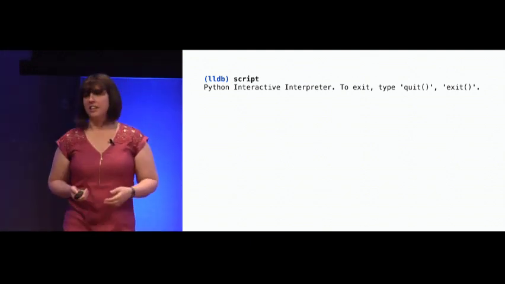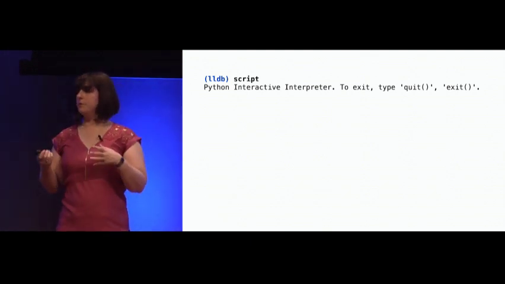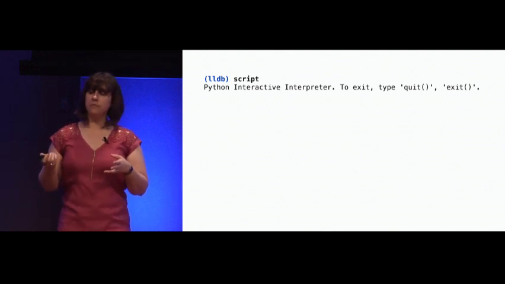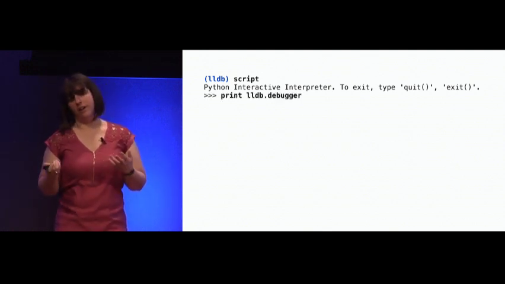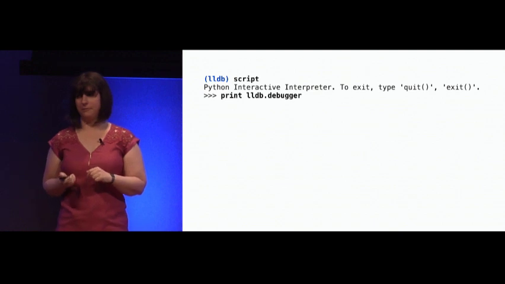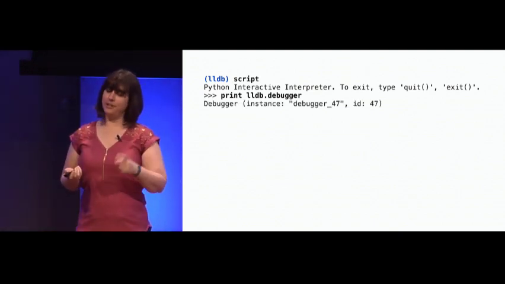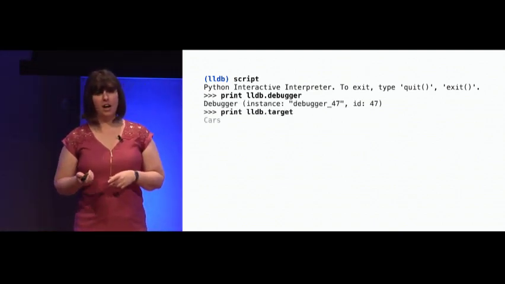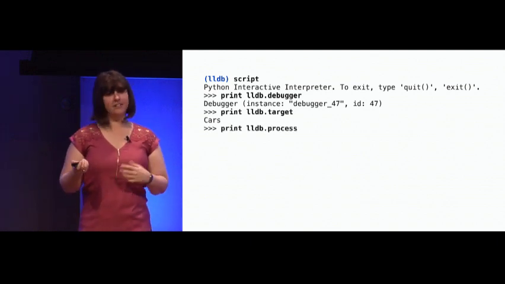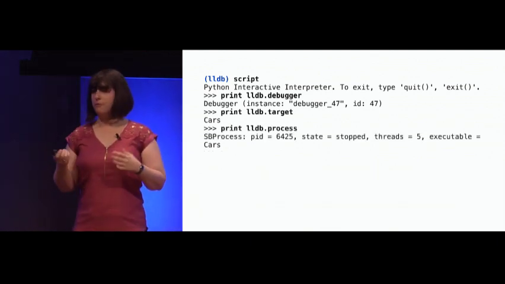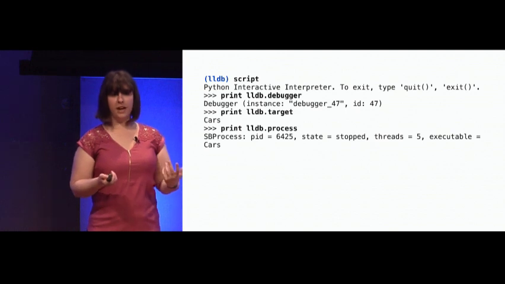But the most fun thing is that there's already a variable populated for you called lldb. For instance, I'm going to print out what the lldb debugger looks like. Oh, hey, there's a debugger instance. It's got an ID. I can look at my lldb target, my lldb process, see where it is and what's happening.